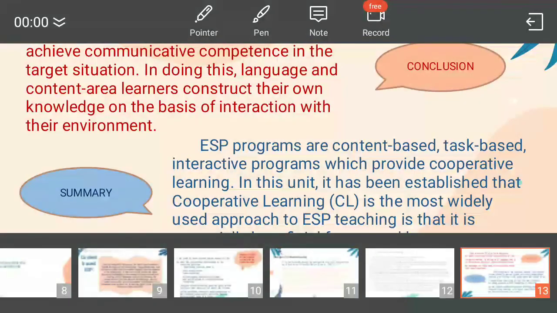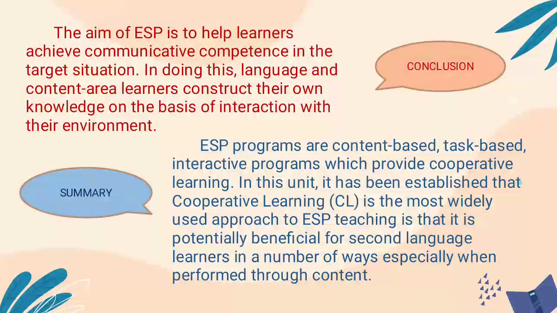Okay, now we are in the last slides, which will be some conclusion and summary. The conclusion of my slides is that the aim of ESP is to help learners achieve communicative competence in the target situation. In doing this, language and content area learners construct their own knowledge on the basis of interaction with their environment.